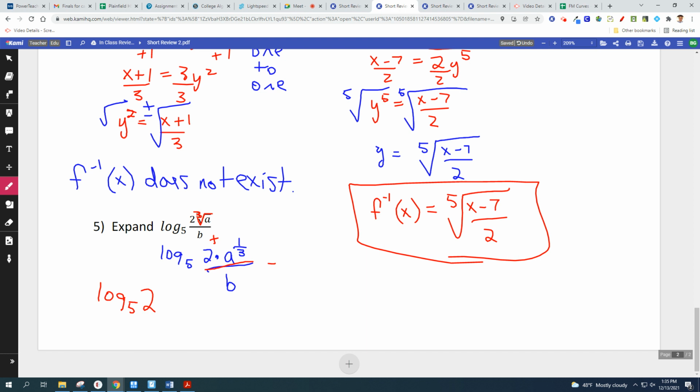And since it's times, it's going to be plus. And then you're going to have to take this exponent and move it around to the front. That's the tricky part, I suppose. So we can say that's 1/3 log base 5 of a. And then divide, so we're going to subtract log base 5 of b.